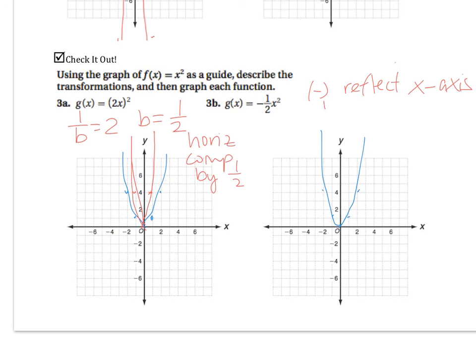The 1/2 means it's a vertical compression because it's outside. So what's that going to look like? It's going to be upside down and it's going to expand out. So it's going to stay at 0, 0.